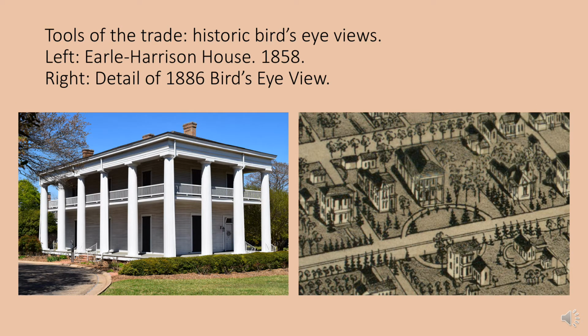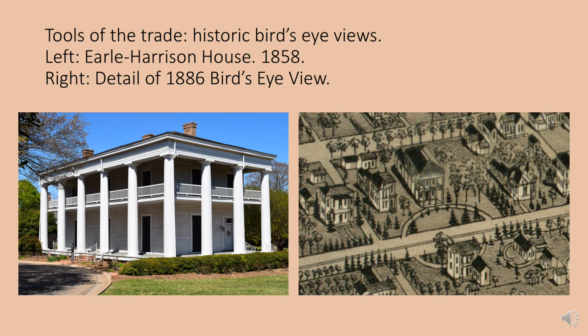Another very important tool for 19th century buildings are bird's eye views. These were aerial views of American cities that started in the 1860s and went up to around the turn of the century. And here you see the Earl Harrison House on its original site between 4th and 5th Street. It's facing 4th Street.